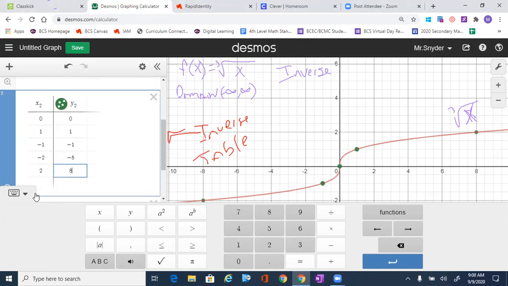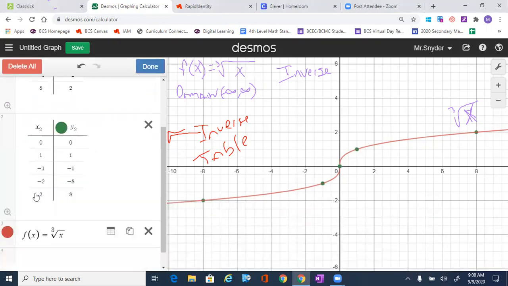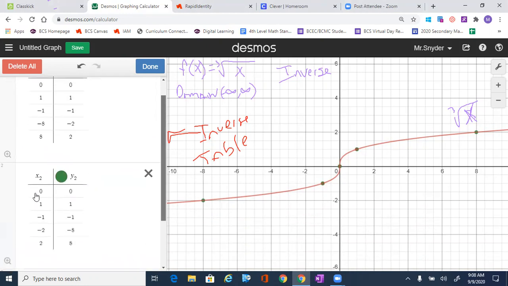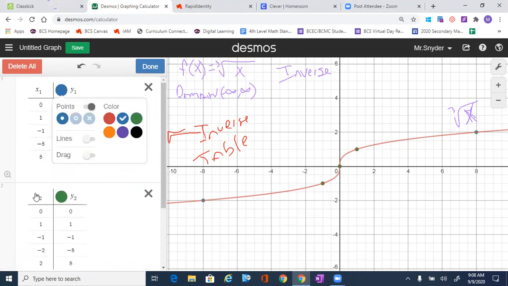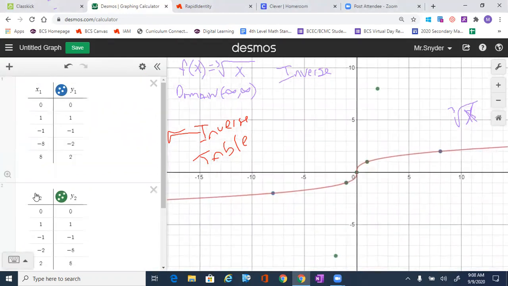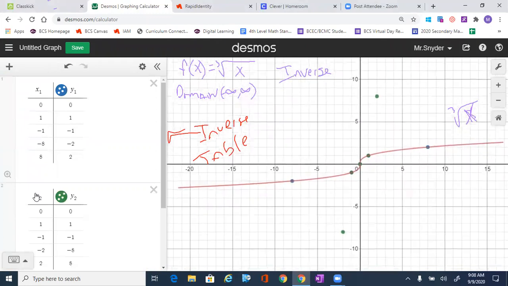Okay, and that's how we find the inverse points. Just flip them. And once we have that, I'm just going to change the colors real quick so we know that it looks just a little bit different. Instead of green, we'll change these to blue. Okay, we can actually see those points.